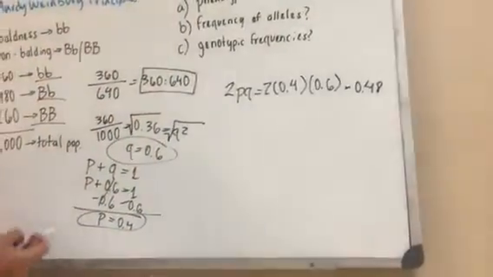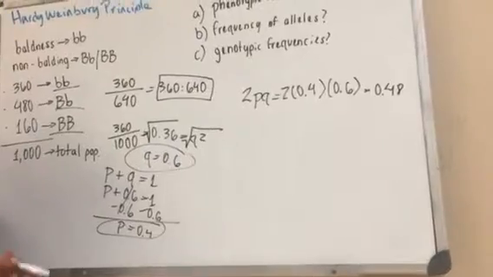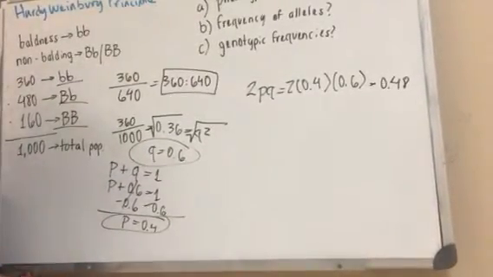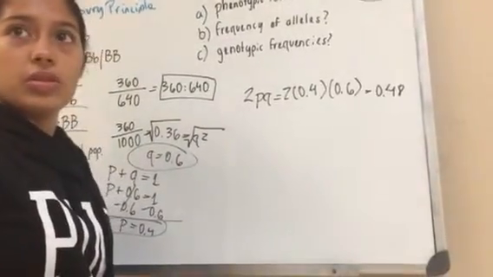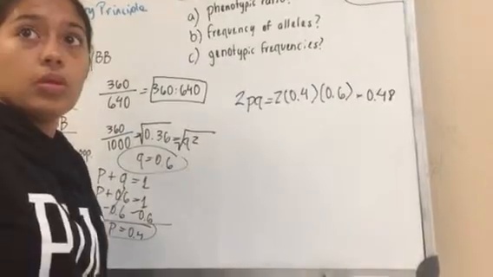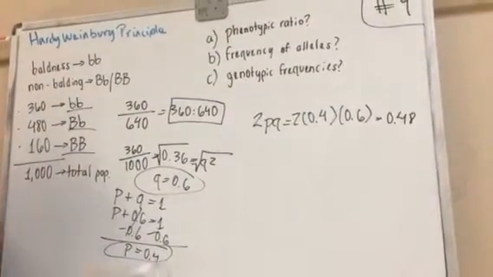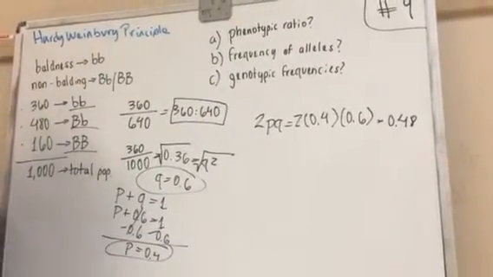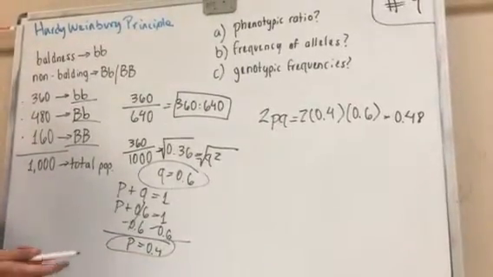And so 0.6 will obviously be the homozygous recessive, the 0.4 will stand for the homozygous dominant, and then the 0.48 will stand for the heterozygous individuals, 2PQ. Q squared will calculate for the homozygous recessive, and P squared will calculate for the homozygous dominant.